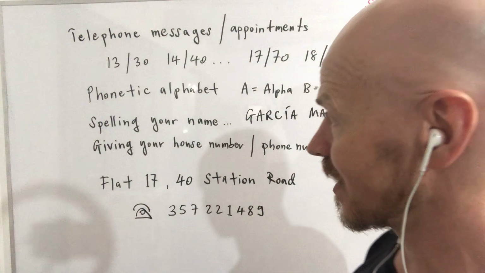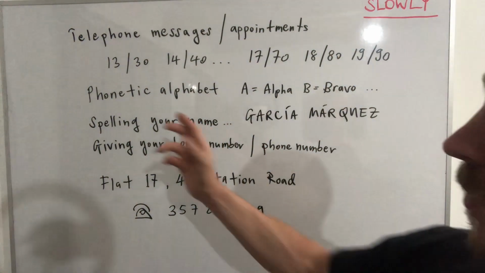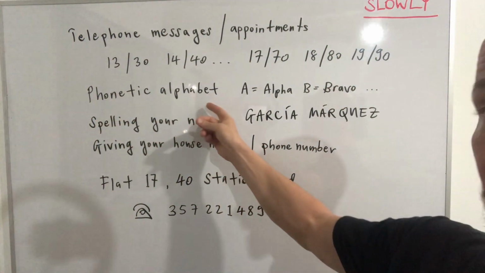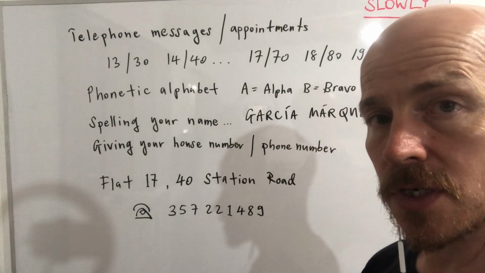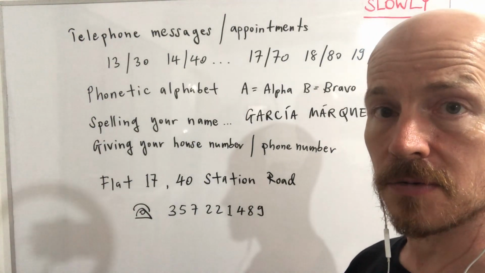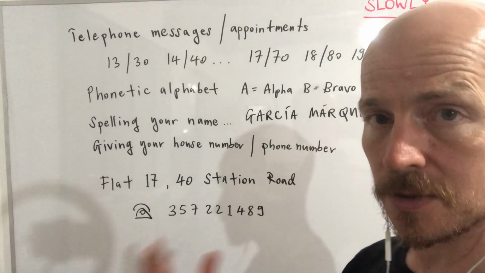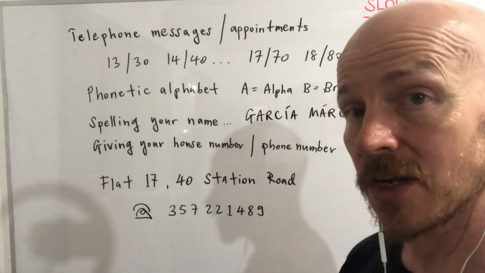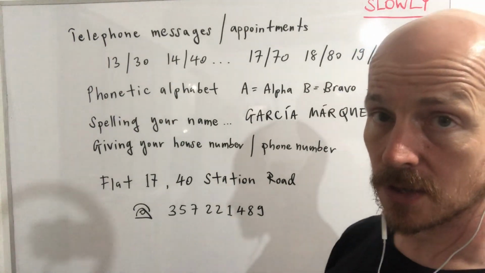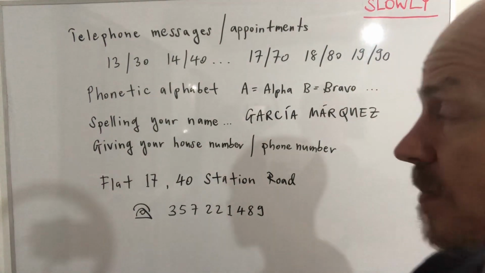So, ways to get around that. We can use what's called the phonetic alphabet, which you might have heard of. It's one that's in common usage if you're, for instance, an airline pilot, or perhaps you work in the police, something like that. Again, to make it very clear when they're giving radio messages what word they're using when they need to spell out letters.